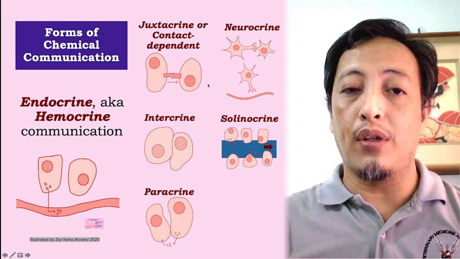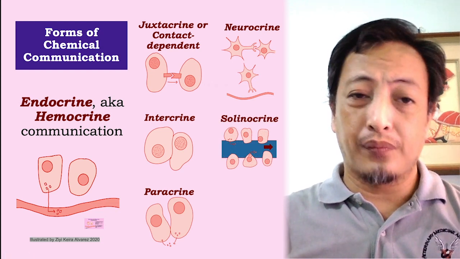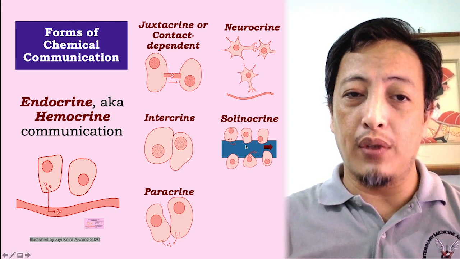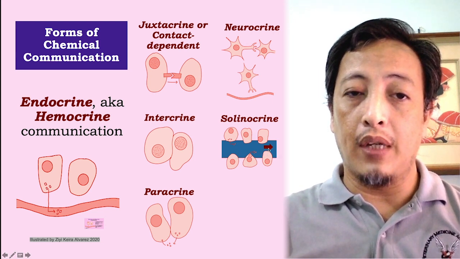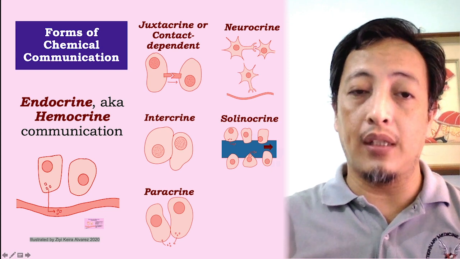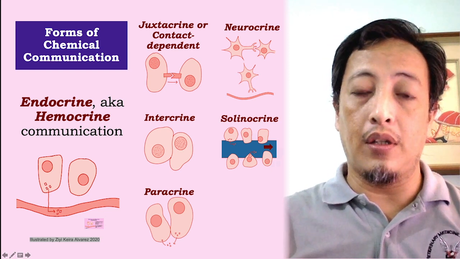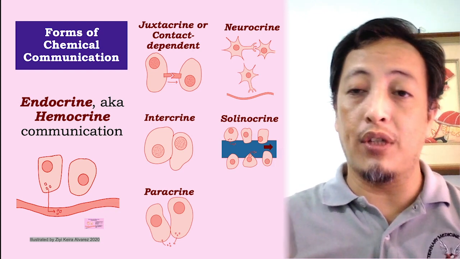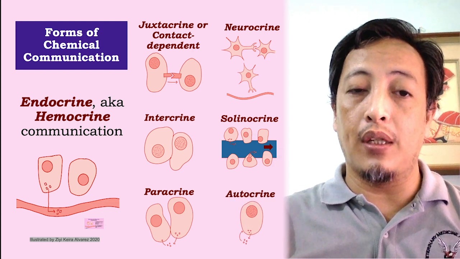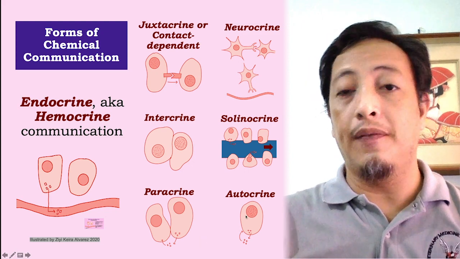Then we have the selenocrine, wherein cells contribute their secretions to the blood. Okay, so walang specific target, they just release it to the blood. Either yan yung mga digestive hormones, so selenocrine yun. Then we have autocrine, wherein a cell stimulates itself.